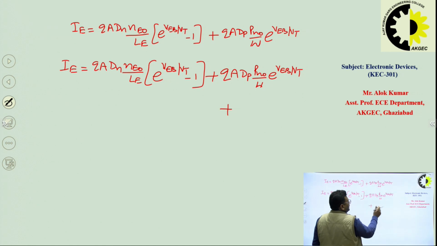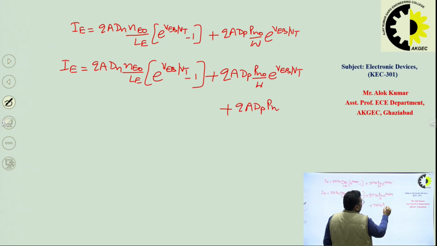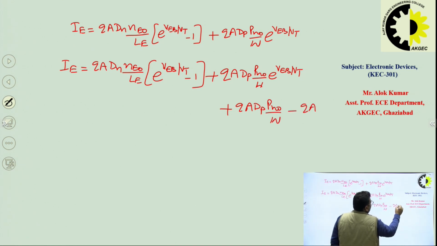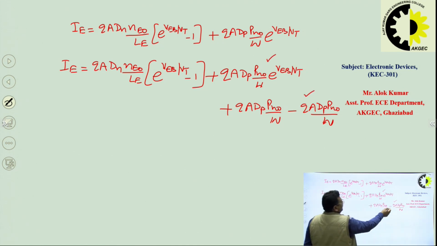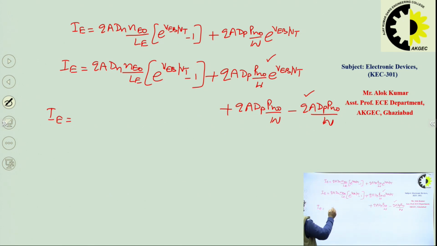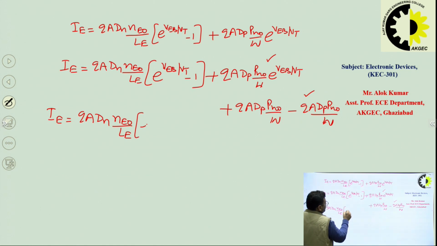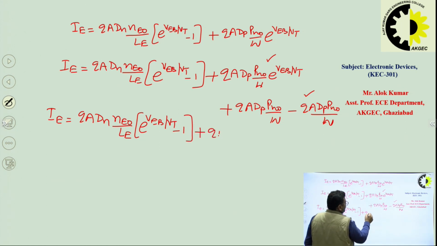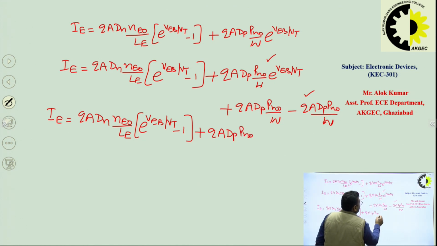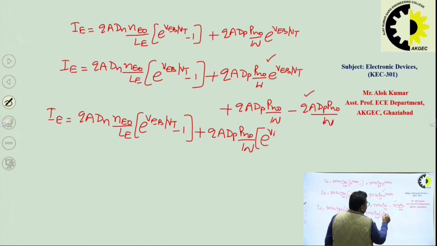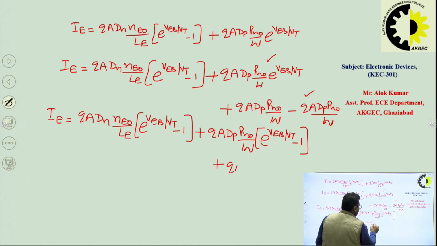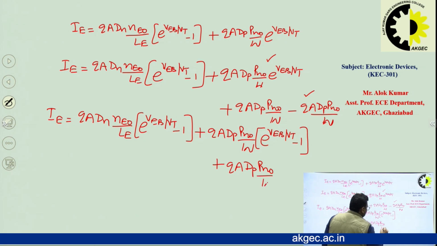So I will add this term and subtract this term: Q into A into dP into Pn naught upon W, and minus Q into A into dP into Pn naught upon W. I will take common, and then IE will be Q into A into dN into NE naught upon LE into e to the power VEB upon VT minus 1, and if I take common it will be Q into A into dP into Pn naught upon W into e to the power VEB upon VT minus 1, right, plus QA dP Pn naught upon W.